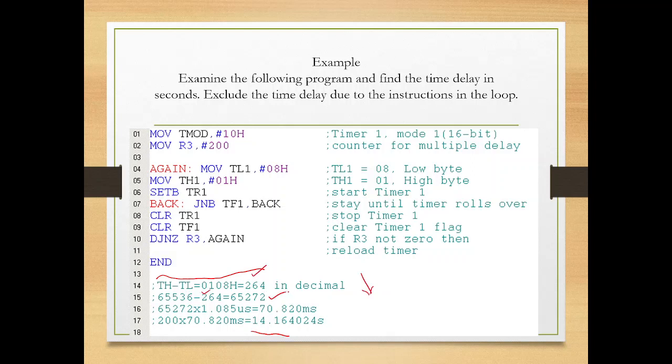After subtraction we get some value, which is multiplied by 1.085 milliseconds. So we get 70.82 milliseconds here, which is multiplied by 200, the value given here as the number of counts. Finally we have 14.16 milliseconds, the actual time period of the delay.